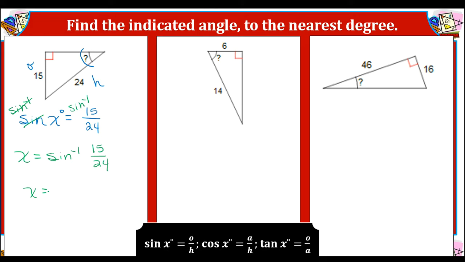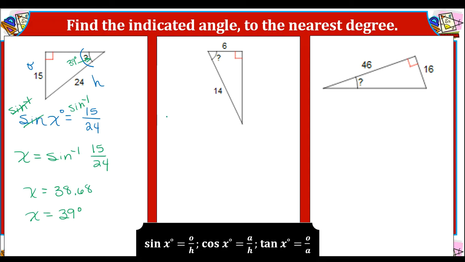Now in our calculator, we're going to click second sine 15 over 24, and that gives me about 38.68. The instructions say round to the nearest degree, so that's about 39 degrees. So this angle is about 39 degrees.